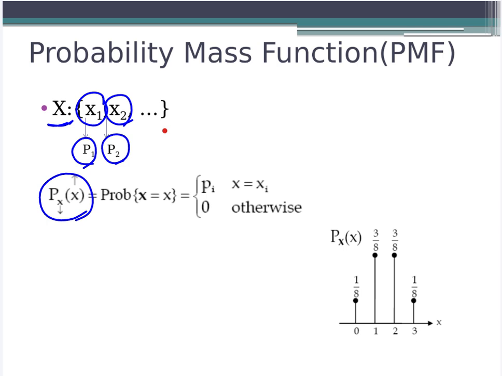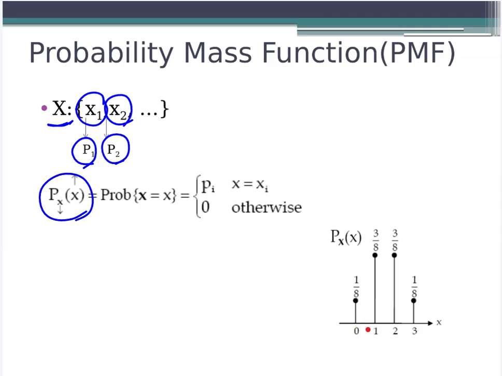So, having the PMF of a discrete random variable, we have the probability of the different values of this random variable. As you can see in this plot, we have a random variable x that takes the values 0, 1, 2, and 3.